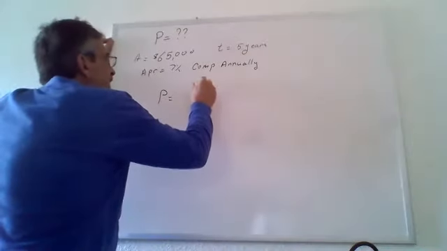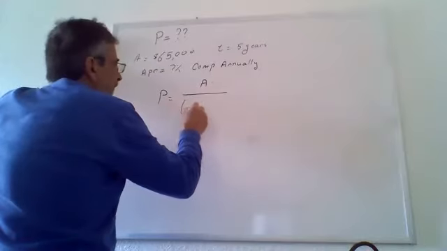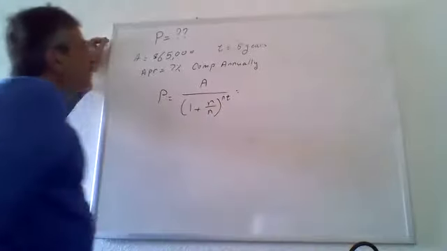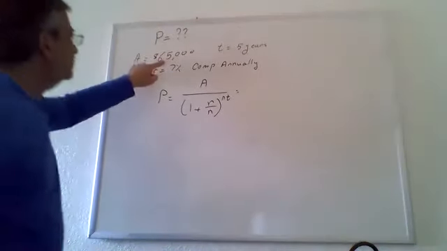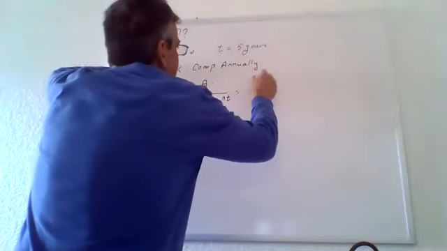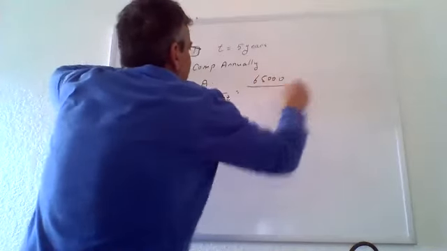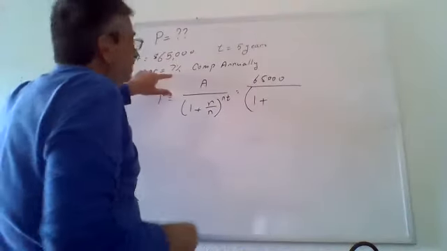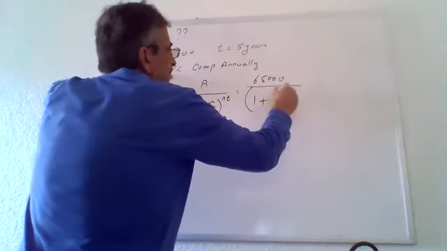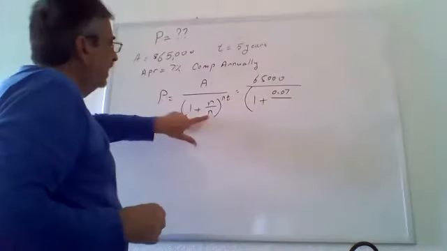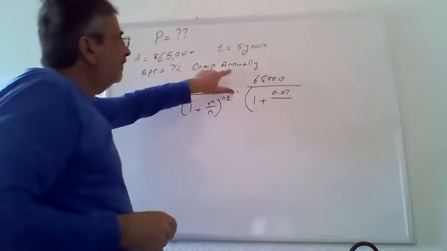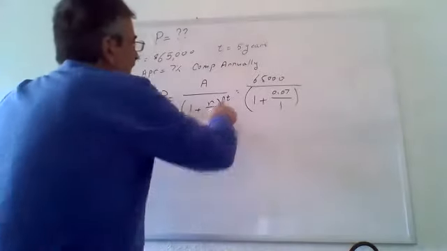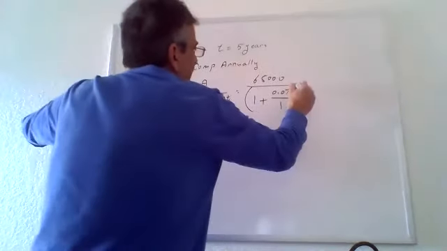It's going to be A divided by 1 plus R over N to the power NT. So what do we need? We need to have $65,000, so that's 65,000 divided by 1 plus R, which is 7%, 0.07 divided by N. Again, we're looking at annual compounding, so N is equal to 1, to the power N times T, which is simply 5.